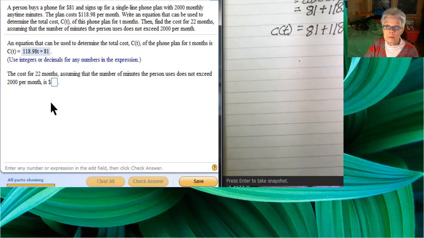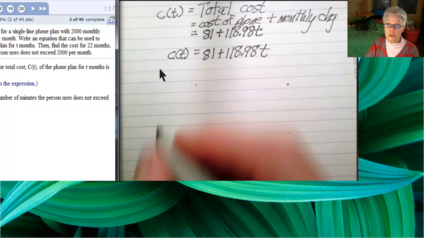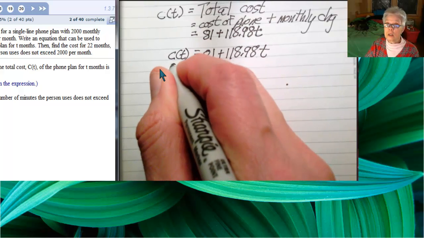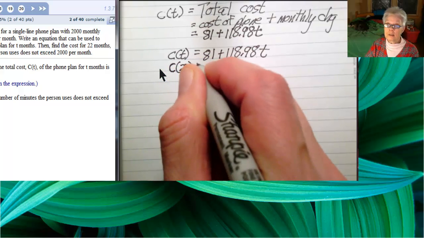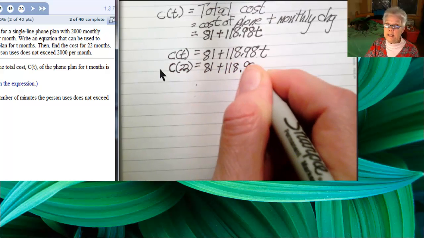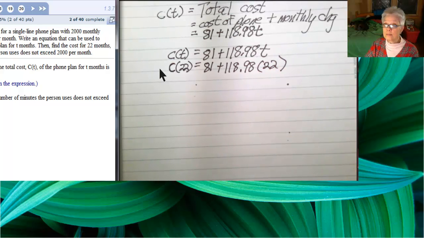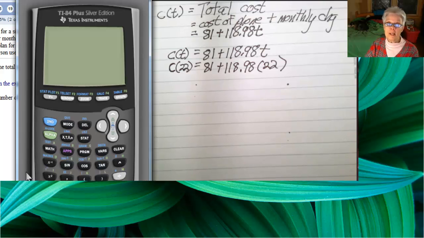All right, now, to find the cost for 22 months, we put 22 in for t. This will be C of 22 equals 81 plus 118.98 times 22. We calculate that. I use the WebItMove free internet calculator. It's really good.